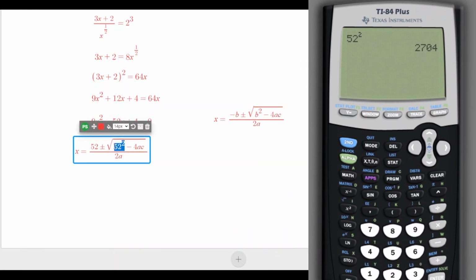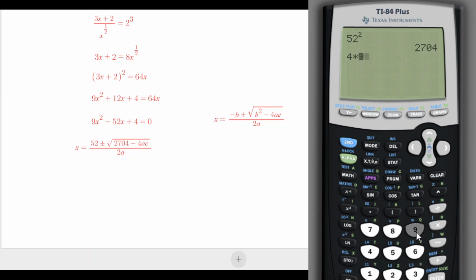So that's what we get right here. And then 4 times 9 times 4. So let's throw that in there as well while we're at it. Four times, let's see, A would be 9, C is 4. So we get 144. And 2 times 9, I think I can handle that as 18.